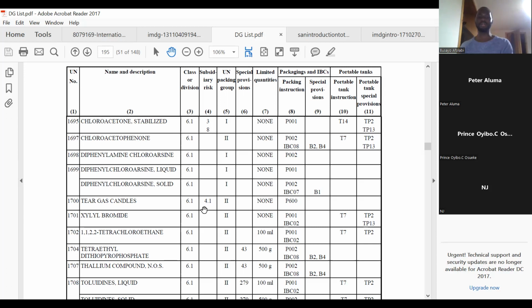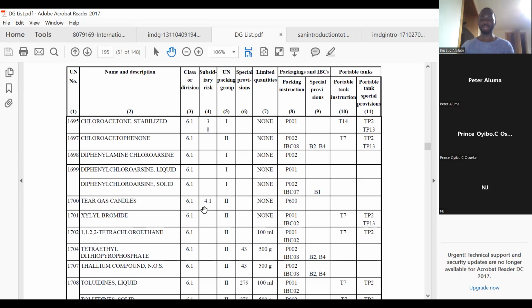Then it goes down again to special provision. I've read out what the special provision is for you. The special provision can be found in volume 2. Under special provision, you just go down. If you have your IMDG code on board, you will see where they call it chapter 3.3. So you go down to chapter 3.3, and then you find out what the special provisions are.